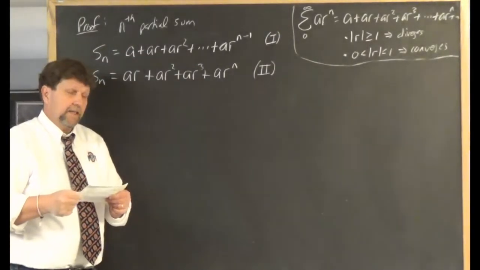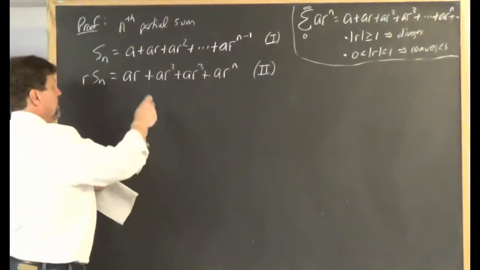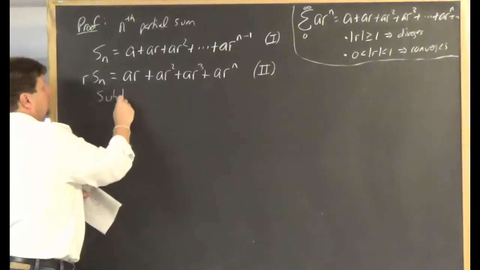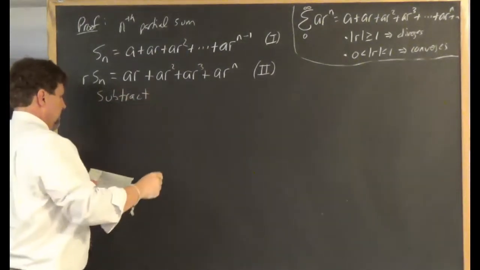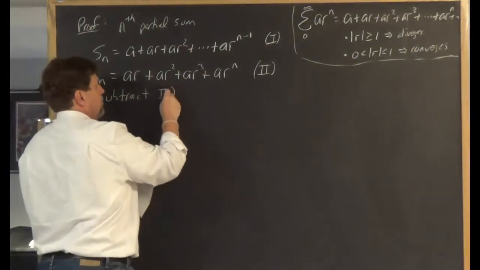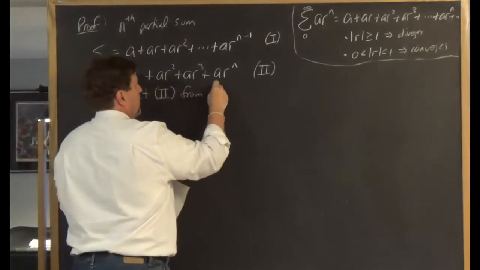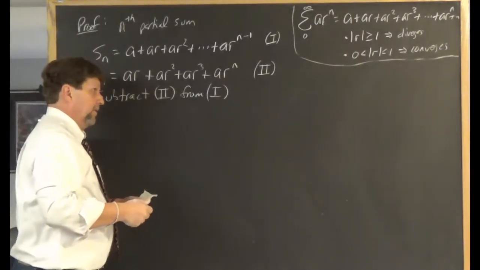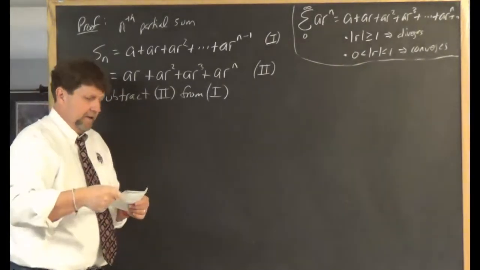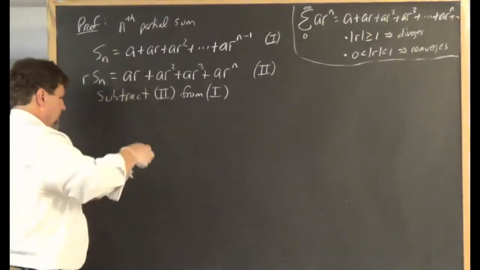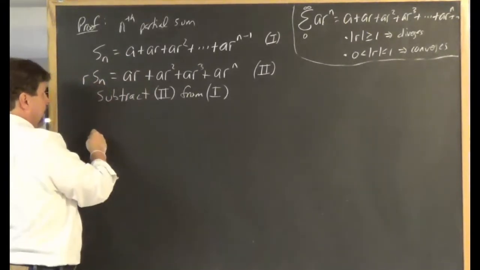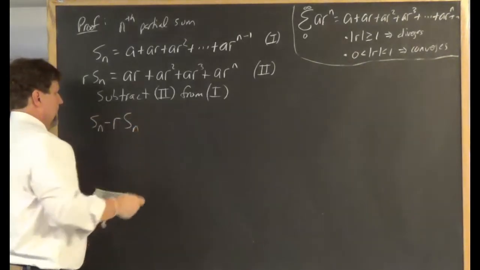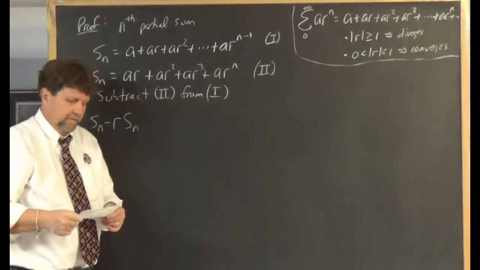So here's what we're going to do next, a little subtraction. We're going to subtract equation 2 from equation 1. So if I take equation 2 and subtract it from equation 1, on the left side I'm going to get s sub n minus r s sub n.